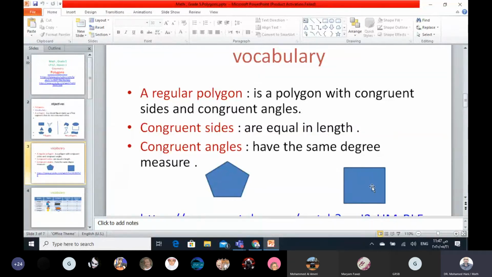This shape here is a square. This side equals this side equals this side equals this side, and this angle equals this angle equals this angle equals this angle. So this is a regular polygon. So congruent sides are equal in length, and congruent angles have the same degree measure.